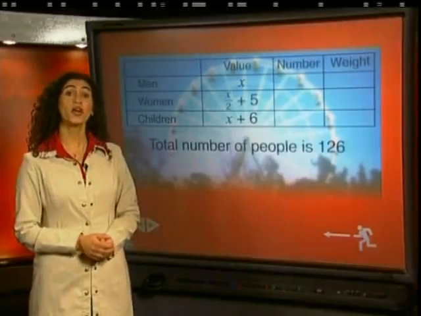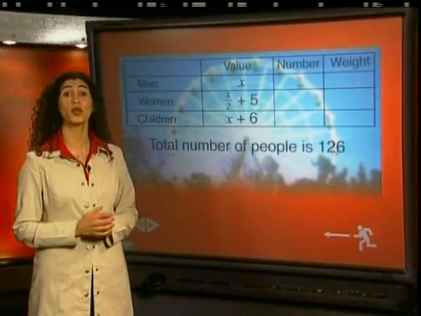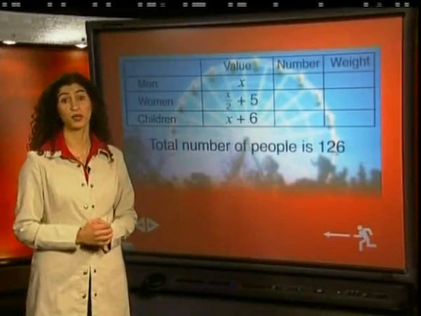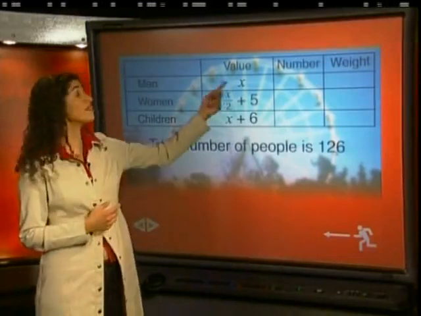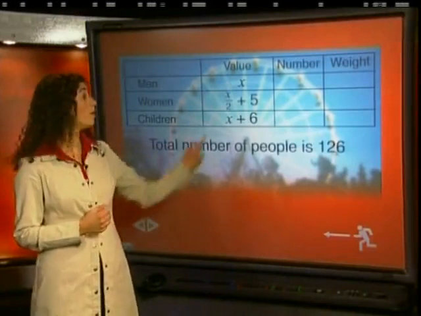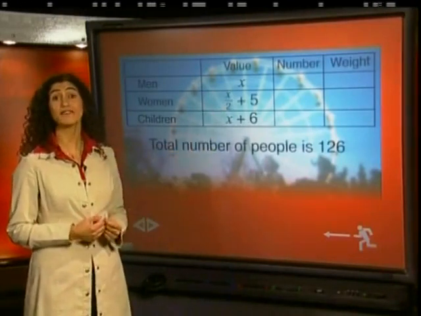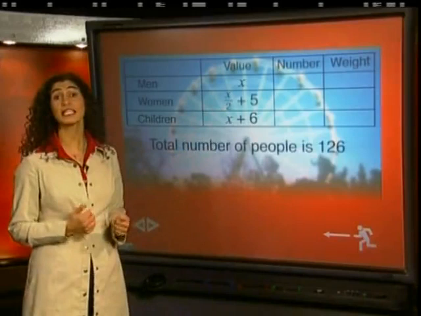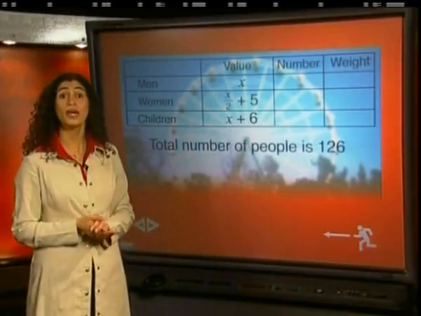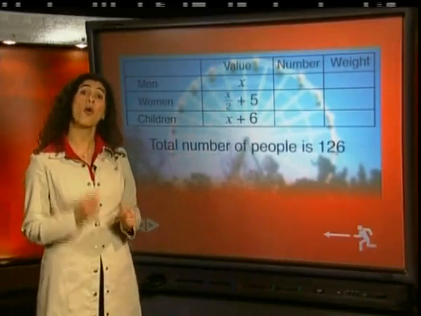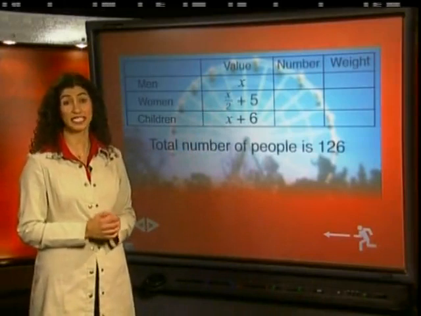Okay, so we know that the total number of people on the wheel can't be more than 126. So if we add the men, X, and the women, X divided by 2 plus 5, and the children, X plus 6 together, we know that they need to be less than or equal to 126.